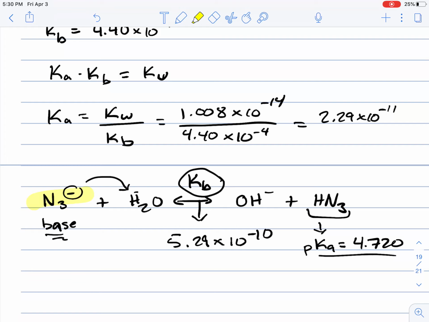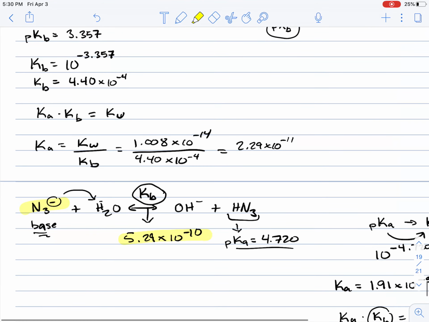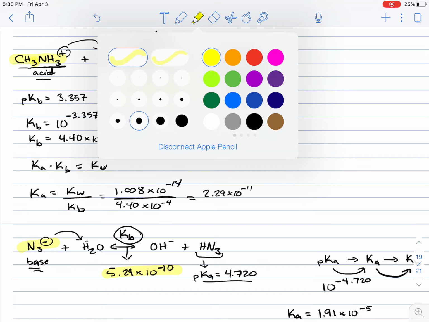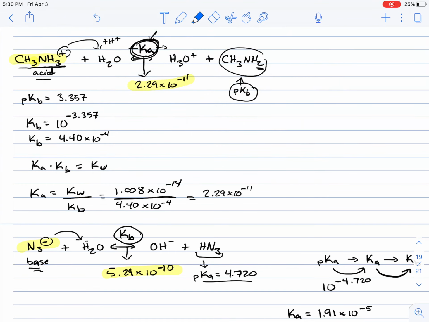The strength of the ionization of the base is going to be 5.29 times 10 to the negative 10. I'm going to zoom out here so you can see both values. Which of the two do you think is going to be stronger?